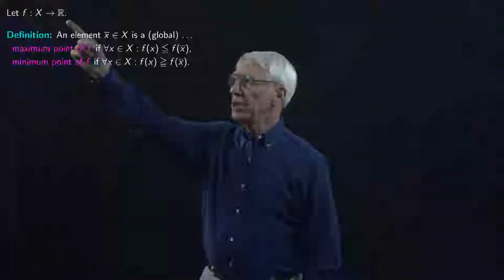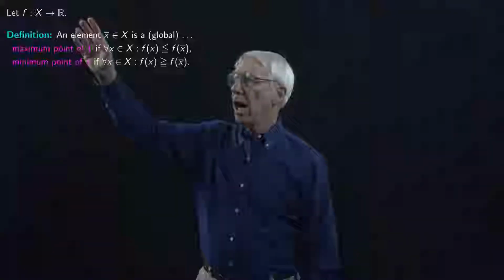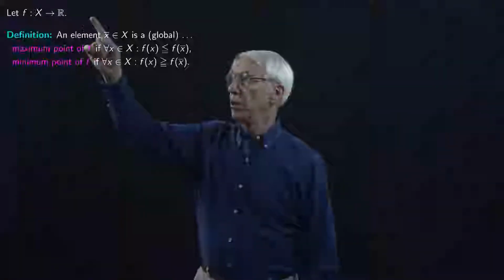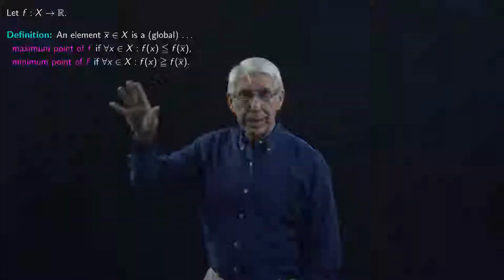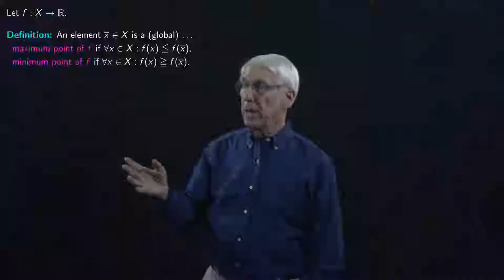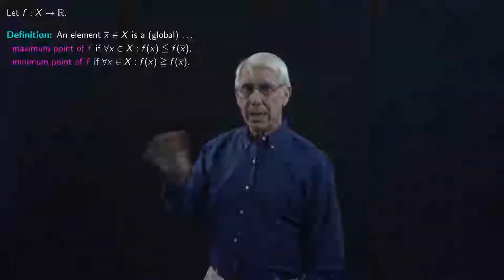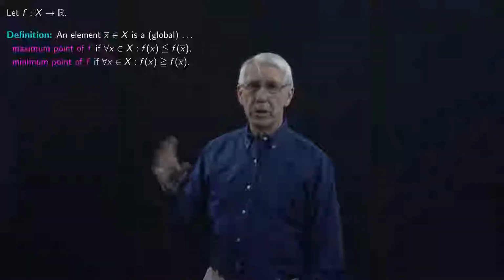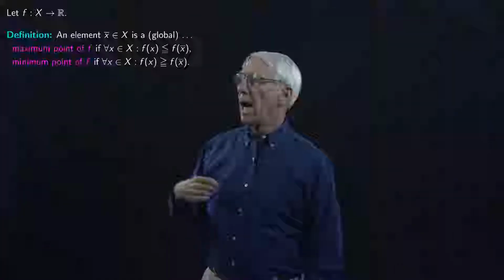So let f be an arbitrary real valued function. Notice the target space is R. So we're completely talking about real valued functions when we're talking about a maximum or a minimum. And the set X here, at least to begin with, can be any kind of set. It doesn't have to be in Euclidean space, it could be a finite set, could be any kind of set.